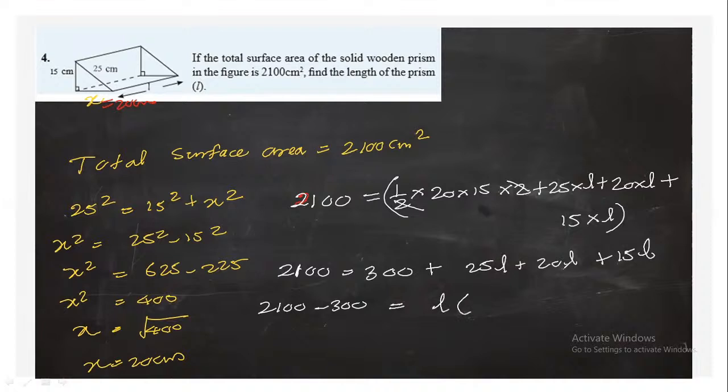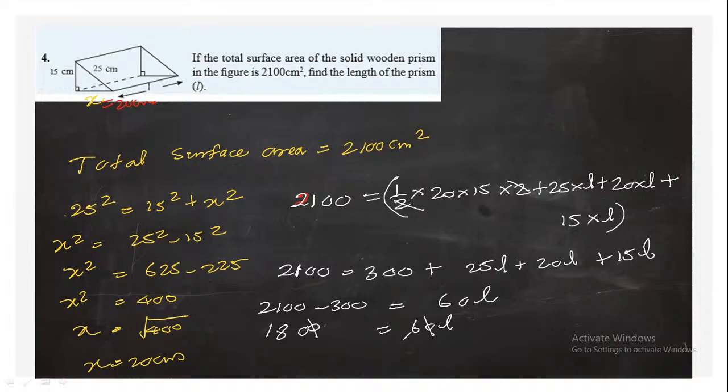Then 25 and 20 and 15, we can add all of these, right? 25L and 20L, how much? That is 45L, and 15L more, 60L. Then 2,100 minus 300 is 1,800 equals 60L. Cancel out this 0 and this 0.